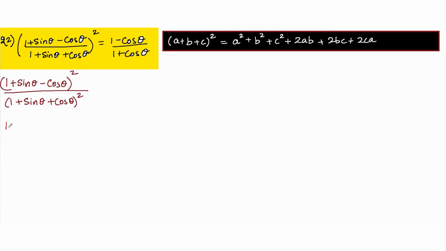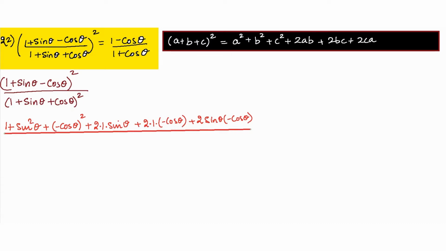So this becomes 1 square plus sine square theta plus c square, which is minus cos theta the whole square, plus 2 times 1 times sine theta plus 2 times 1 times minus cos theta plus 2 times sine theta times minus cos theta, the whole divided by, now let's take a look at the denominator.